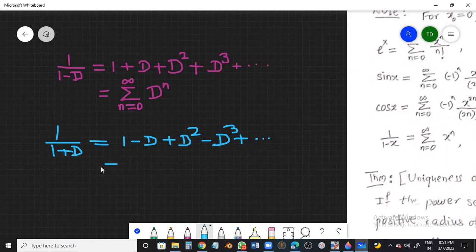This is nothing but summation n running from 0 onwards of d raised to n, but the alternating minus sign occurs, so I have to write minus 1 raised to n in the beginning and then d raised to n. Is it fine? Got my point?